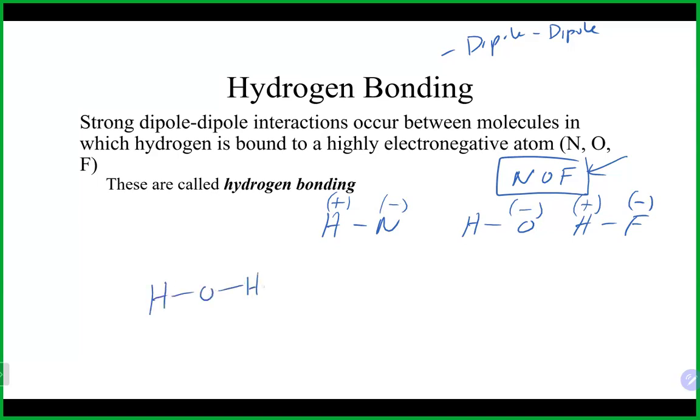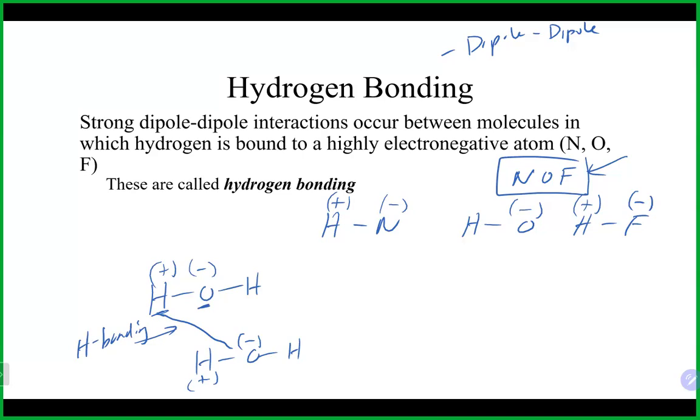And that is what we see with water. In water, we have a hydrogen that is bound directly to an oxygen. Once again, negative, positive. So we're going to get some hydrogen bonding happening here. This is probably one of the strongest intermolecular forces you could have.